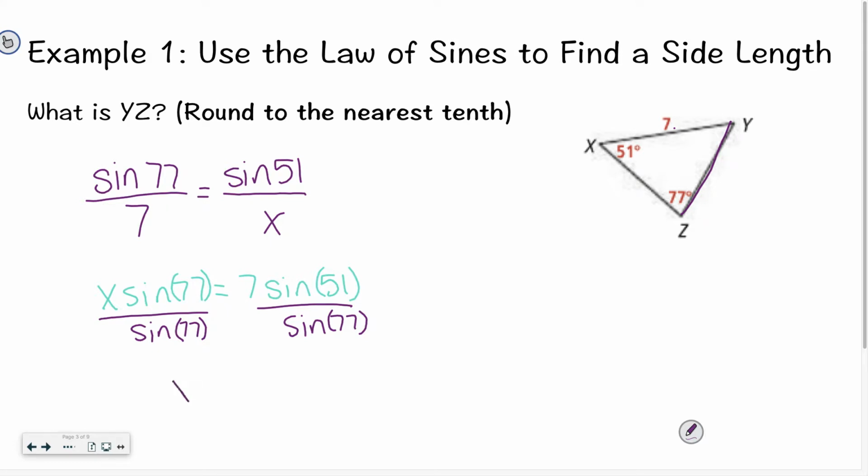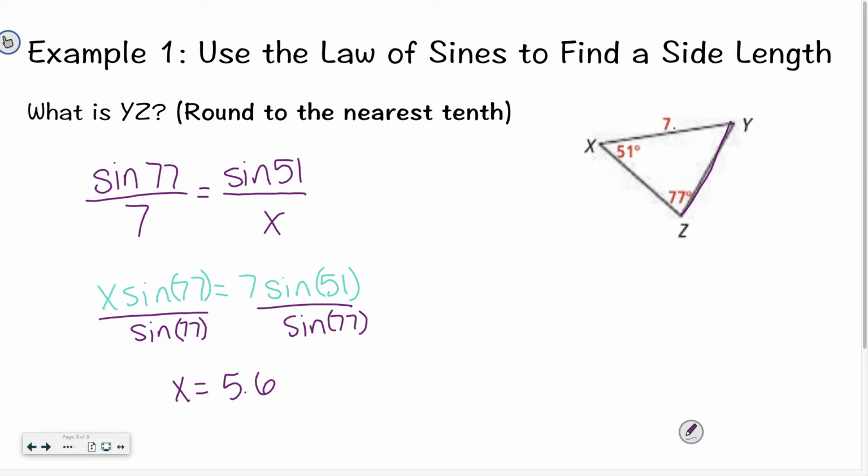And then I'm left with x equals, and if I plug that into my calculator, I can type 7, hit the sine key, 51, close my parentheses. Then I can hit the division key and hit sine 77, close parentheses, enter. And when you do that, you should get about 5.6.